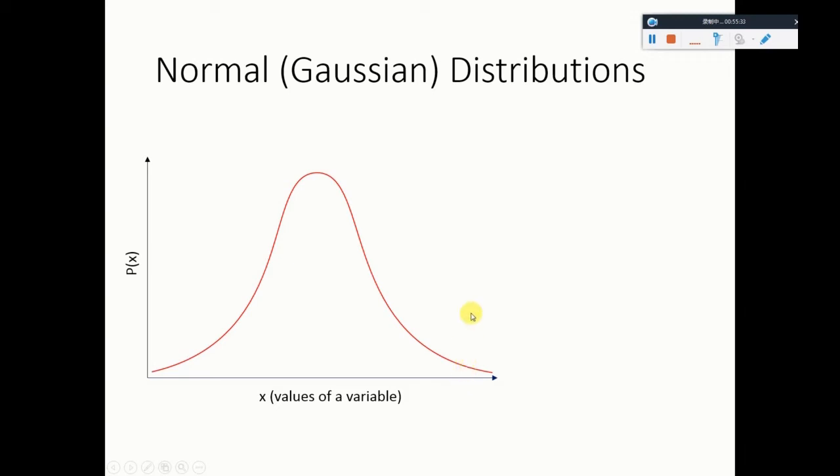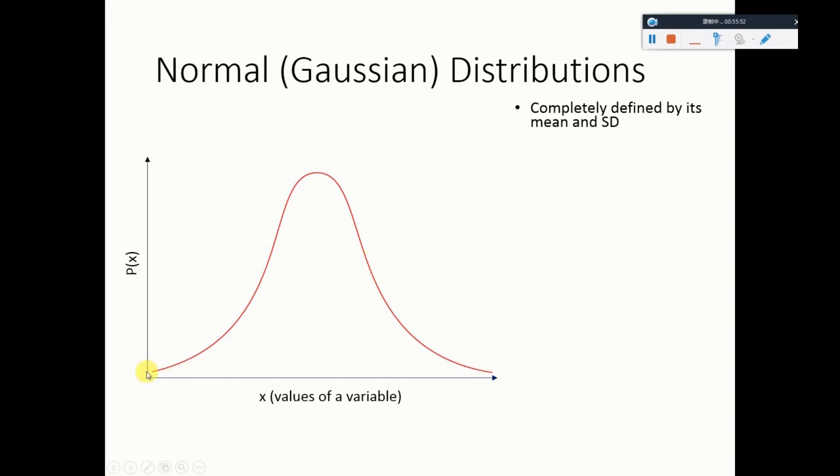Okay, so there are certain properties of the normal distribution. First of all, normal distributions are completely defined by their mean and standard deviation. That means once we know the mean and the standard deviation of a Gaussian or normal distribution, we know how it's shaped.